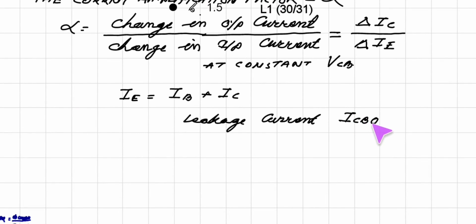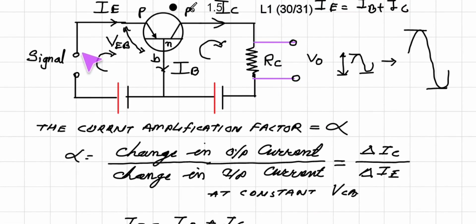This O stands for the reverse current which is flowing when the emitter base junction is open. That means no source is connected, no signal is there at the input, so the input terminals are open, and whatever quantity is flowing in the output port or collector current is called ICBO.